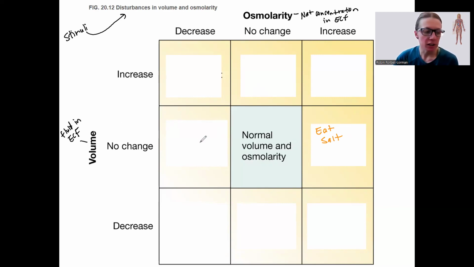Okay, the opposite direction is a little bit less something you might experience every day. This would be sweat loss. Sweat is hypotonic. So when we have sweat loss, we're decreasing osmolarity. But then we're not losing fluid volume, so we're replacing the sweat with water.